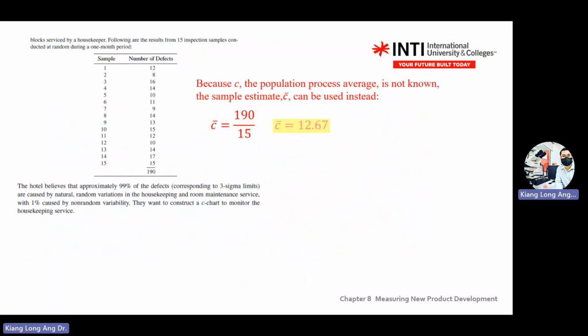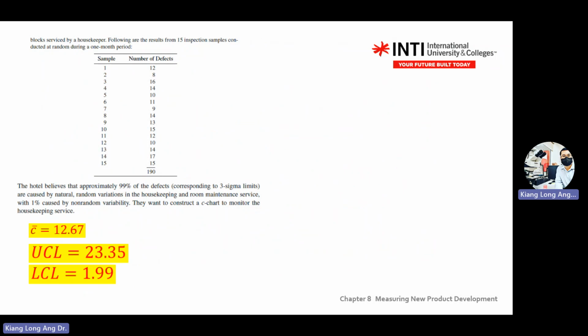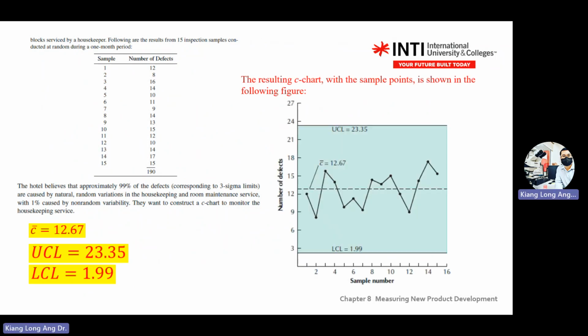For the second example, you use the calculation and then plot the graph. You get the mean, the UCL, LCL, and then you need to answer the same question: what happened to this process? Is this process in control or out of control? In this case, all the data is within UCL and LCL, and this data is 3 sigma or 99% of the variable data.